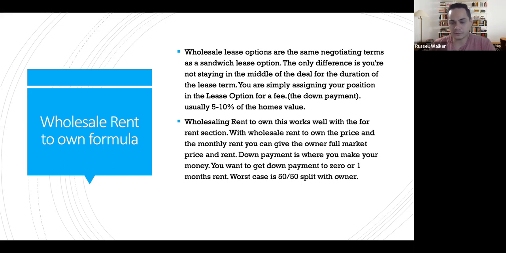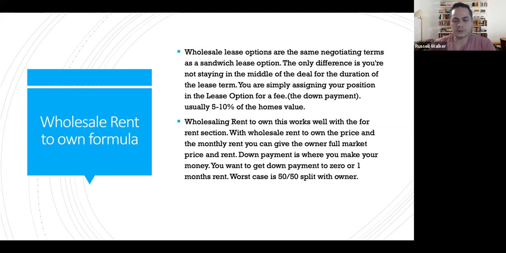But with the wholesale rent to own, the only profit that we're making is in the down payment. So we can give them full market rent, we give them full market price. The only profit that we make is in the down payment with the seller that we're creating and then that we're selling to the buyer. So the down payment is the only place where you make your money on this type of deal.